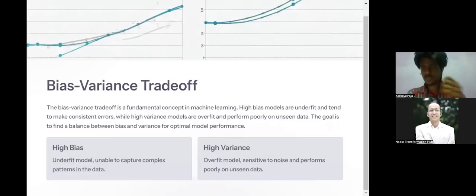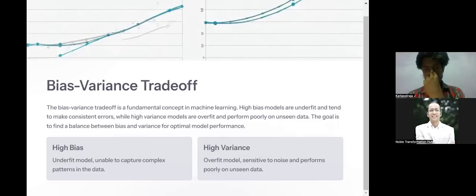So then you will not have these problems. And the high variance models are overfit. This is a great example of underfit and overfit, guys. Understand this very well. If you understand this, this is the soul of your model. You have to work on other aspects, but at least you will have better performing models.